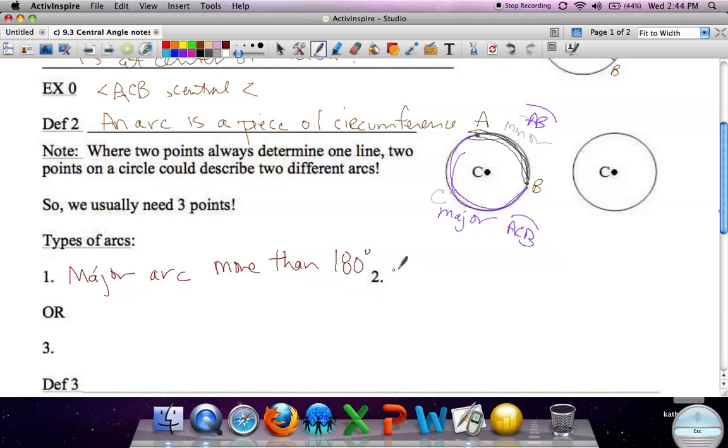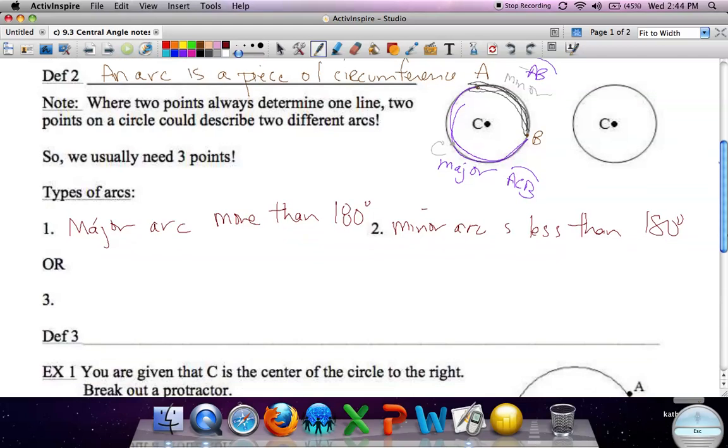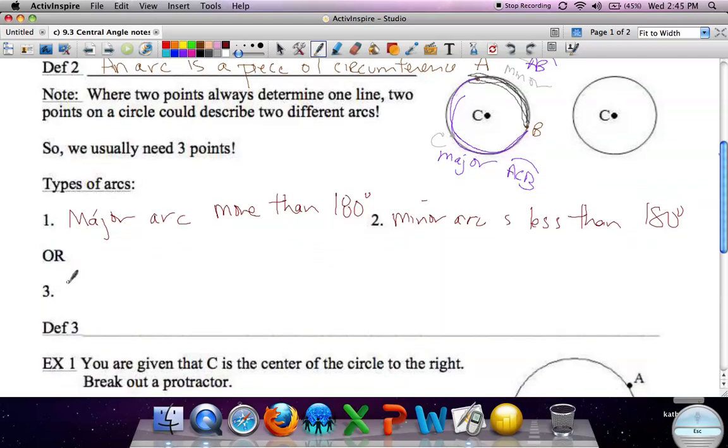A minor arc is less than 180 degrees. And the third type of arc is a special arc, and it's exactly 180 degrees, which is called a semicircle. A semicircle is the third type of special arc, and that is equal to 180 degrees.